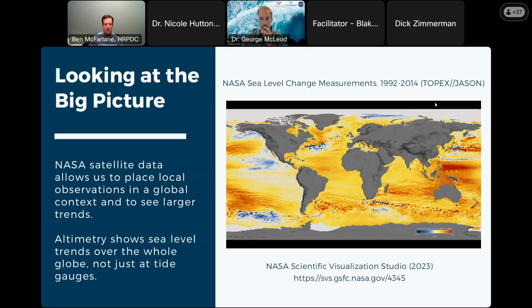Having this record moving forward is only going to make our understanding of what's happening with sea level that much better, because we'll have these two records working in concert with each other.